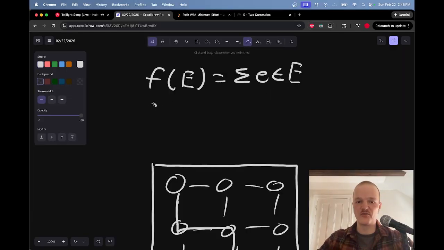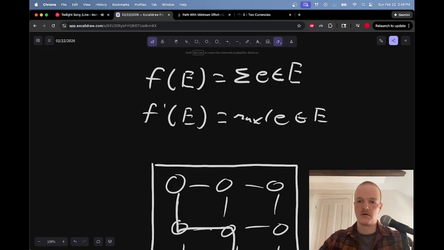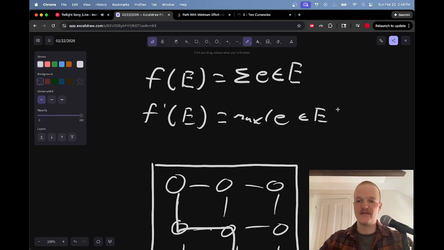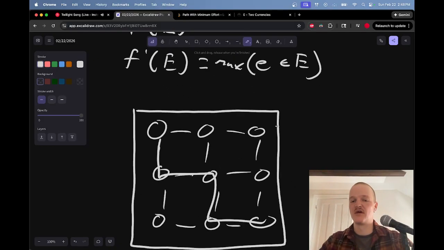The sum of all the edges. But let's modify that a little bit. Now we're saying this slightly different Dijkstra's formulation is the maximum. This is sloppy handwriting, but it's the maximum edge weight in all the edges.